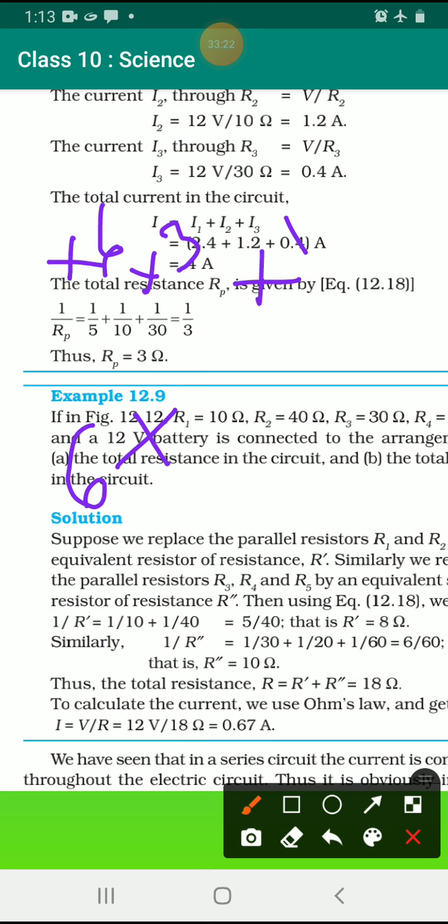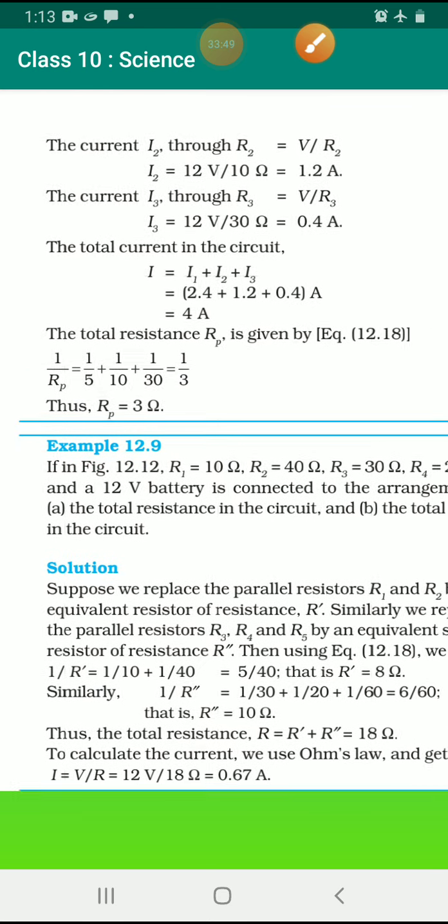Once again, for those who don't understand, look here: 6 ones are 6, plus 3 ones are 3, plus 1 one is 1. So the total value comes as 10.